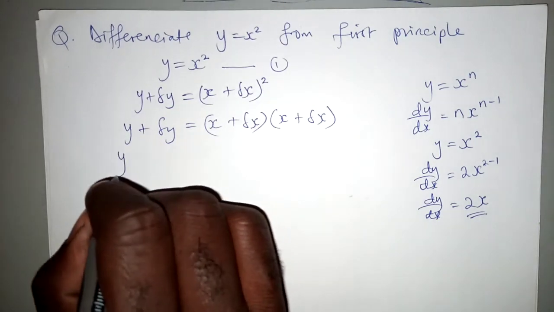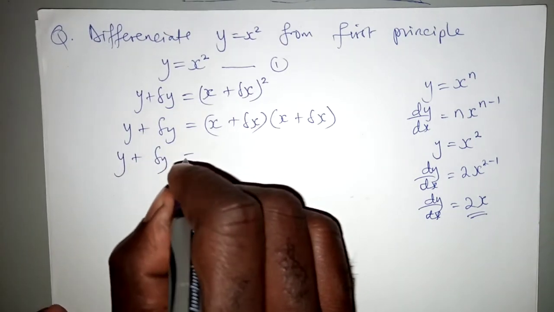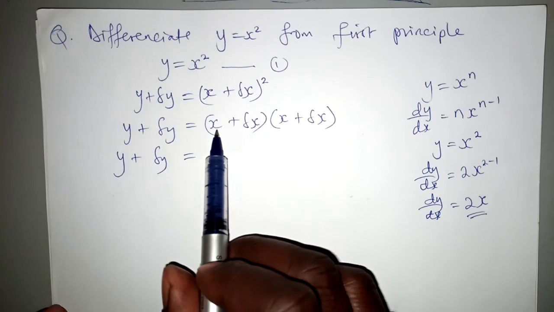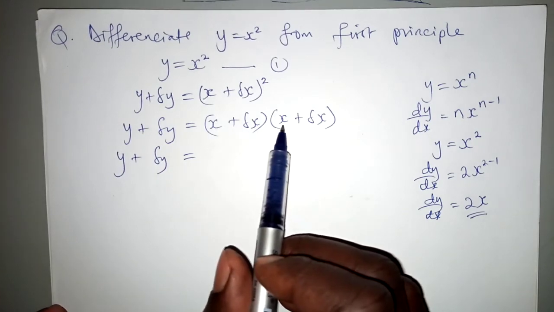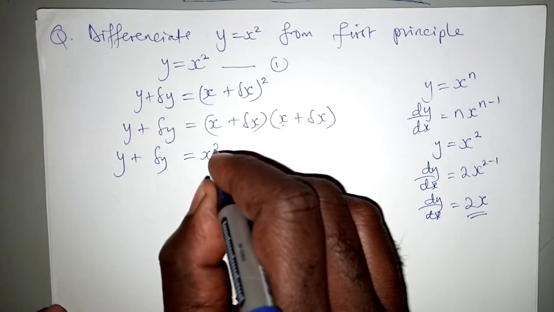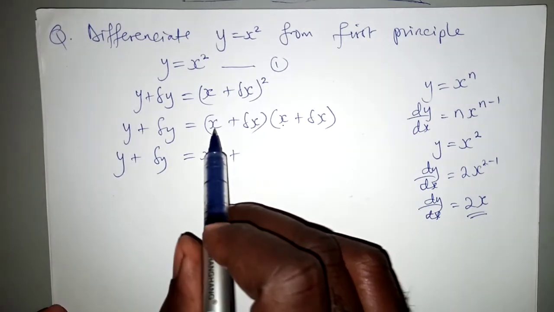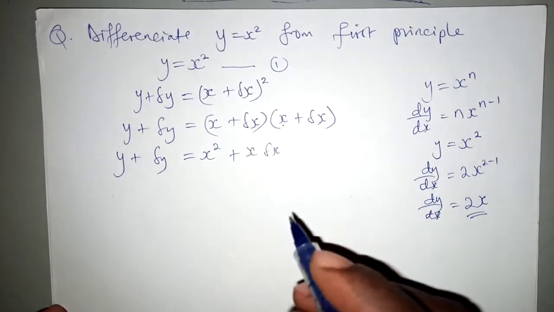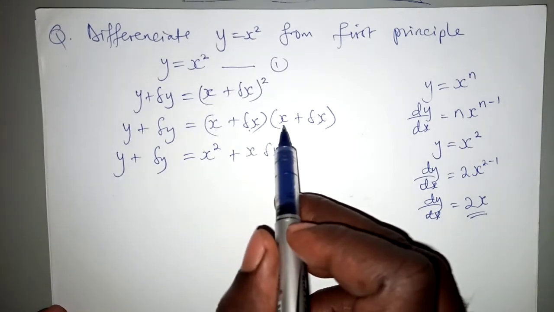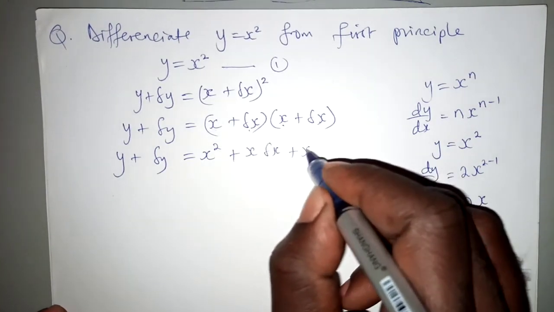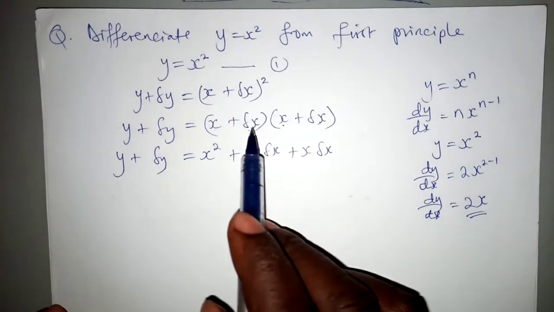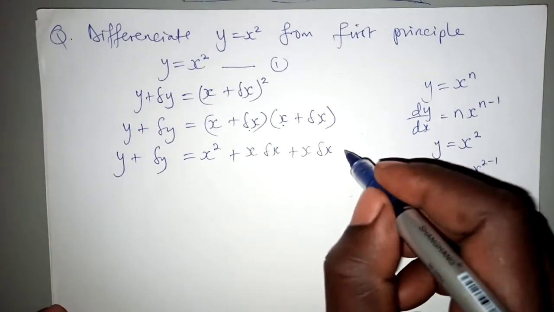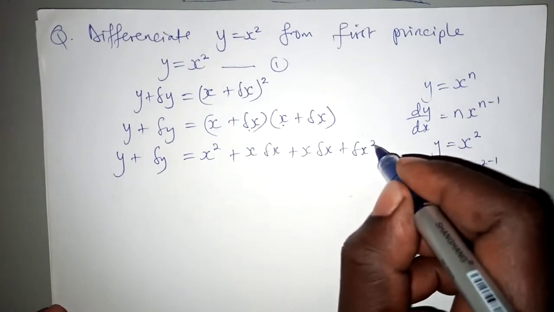So we have y plus delta y is equal to, multiply this x with this one, we get x squared, then plus x multiplied by delta x, we have x delta x, then we have delta x multiplied by x, which is x delta x, then delta x multiplied by delta x, which is delta x squared.